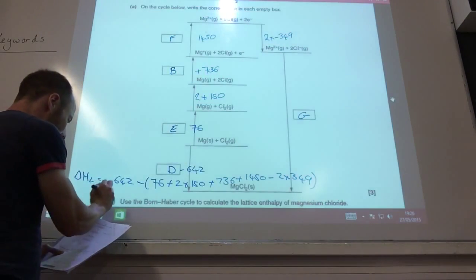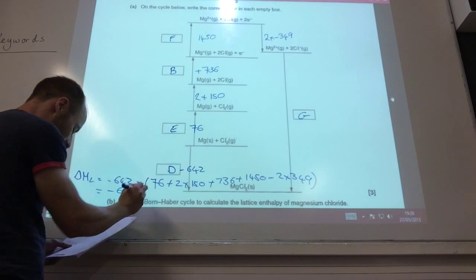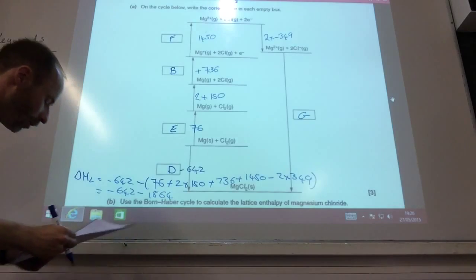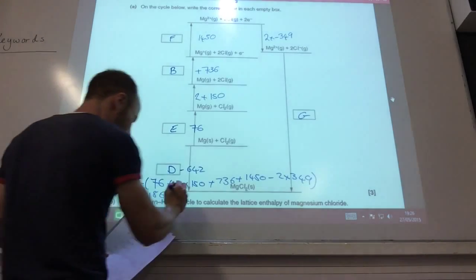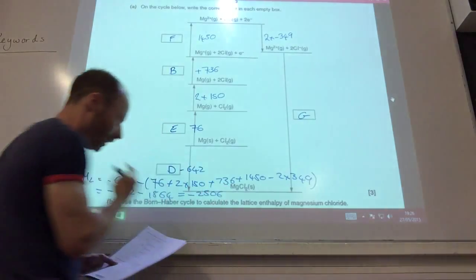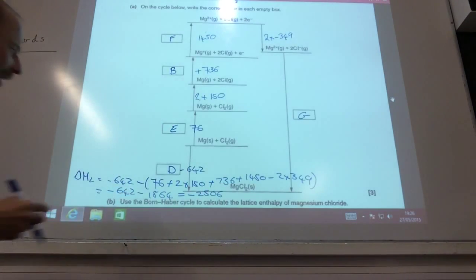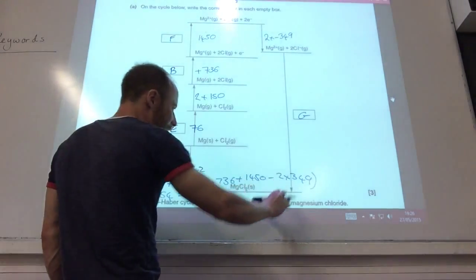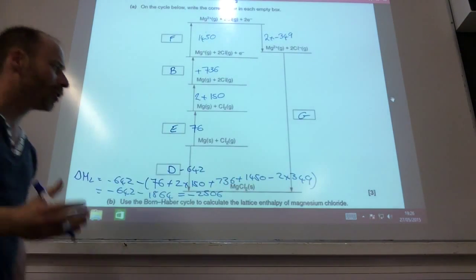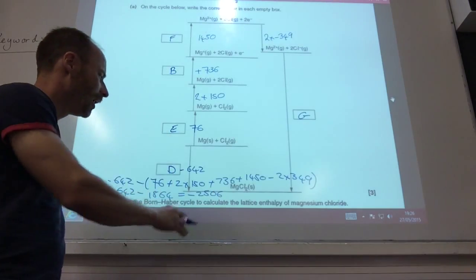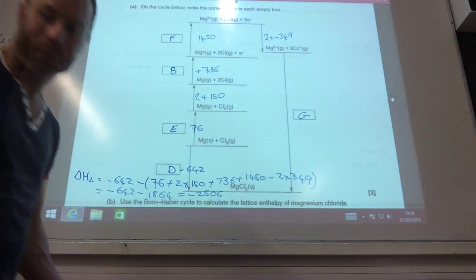If you do the brackets, I'd recommend you do the brackets first. That comes to 1864, I believe, and that gives you the grand total of minus 2,506. Key mistake people make, they try and do it too quickly. Do your brackets first, and I would show your working, because you can get marks for the working, even if you stuff up your calculation at the end here.